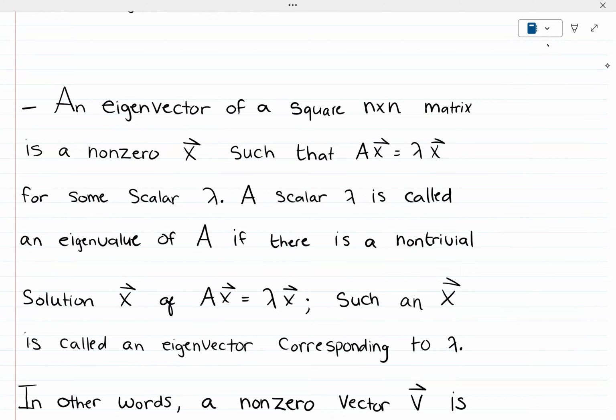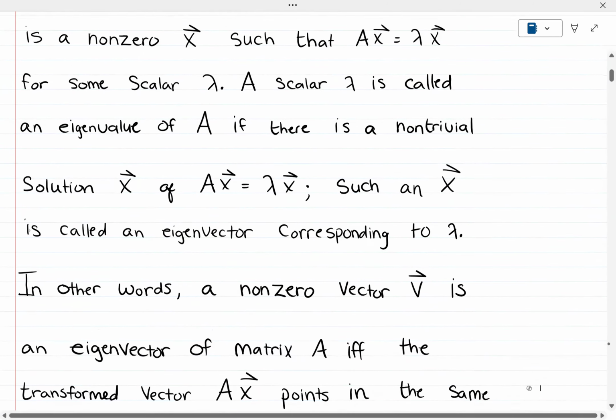Let me just read this and then I'll do an example to explain. A scalar lambda is called an eigenvalue of A if there is a non-trivial solution x such that A times vector x is equal to lambda times vector x, and such a vector x is called an eigenvector corresponding to lambda.